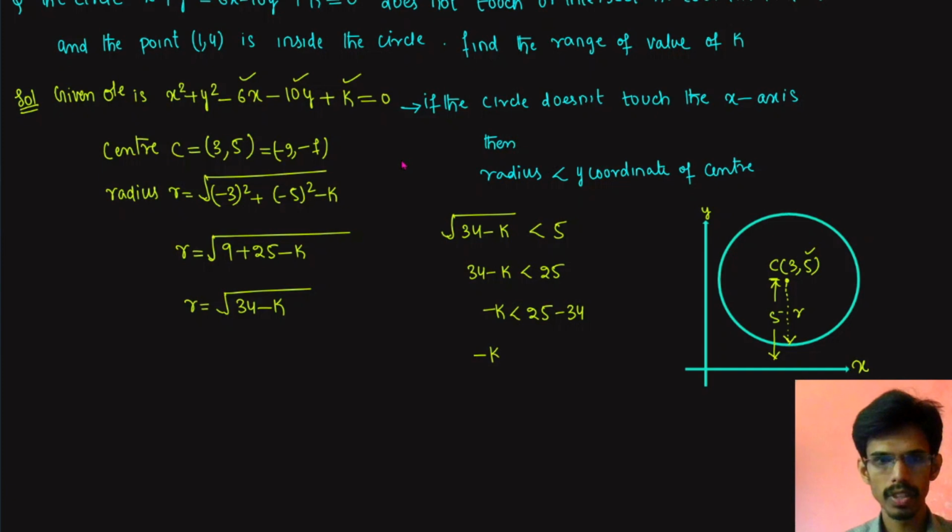So we have minus k less than minus 9. If I remove this negative sign, this lesser will become greater. So k will be greater than 9. Okay, we got the first condition, k should be greater than 9.